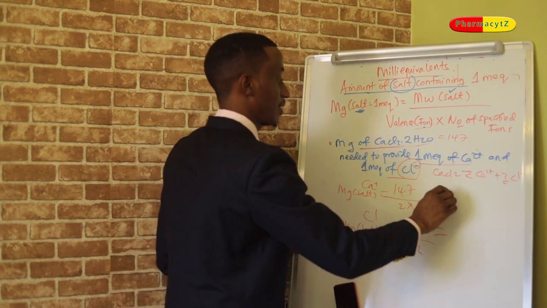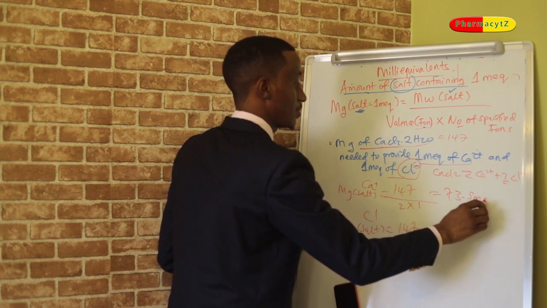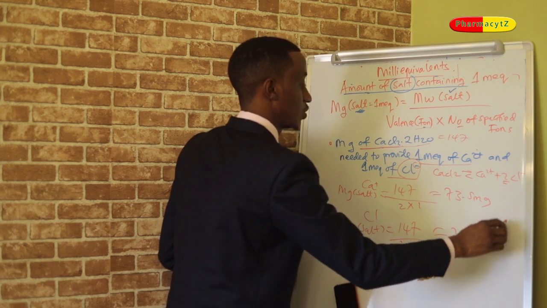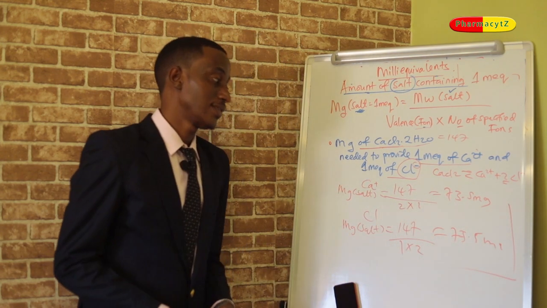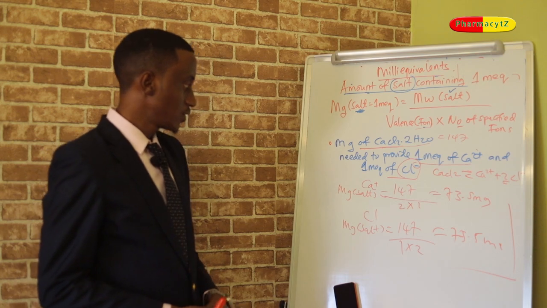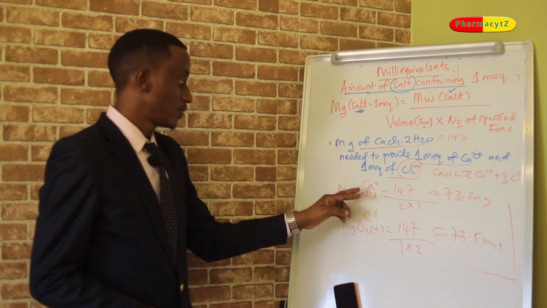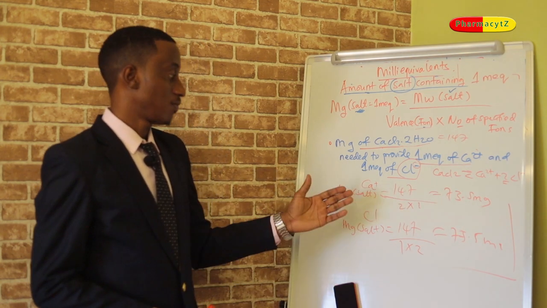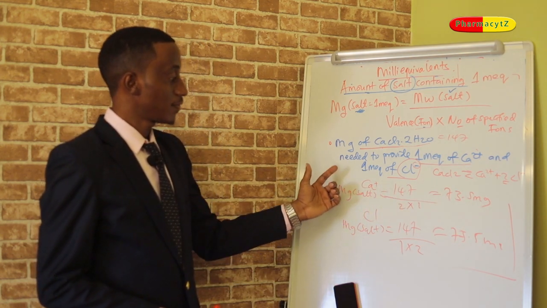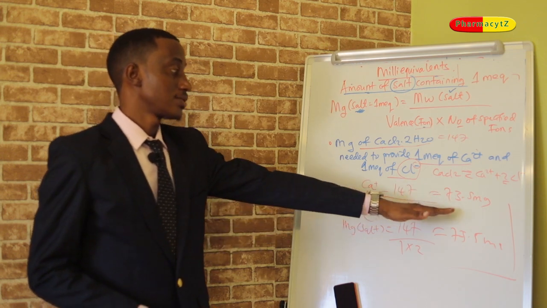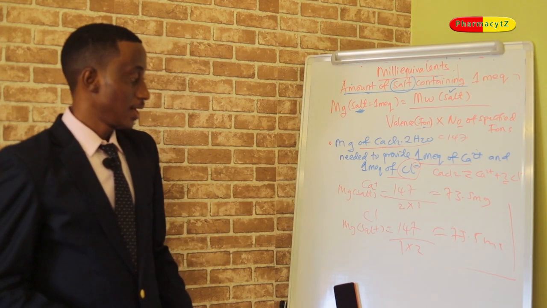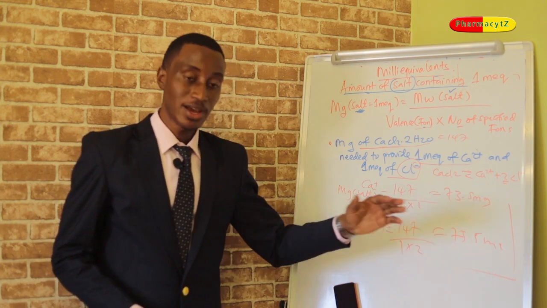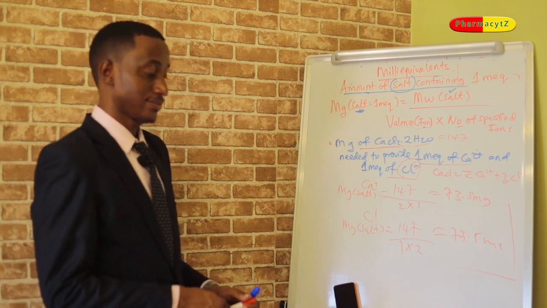Thereafter, you get 73.5 milligrams, and 73.5 milligrams. In total, you get 147. So 1 milliequivalent of calcium chloride will provide 73.5 milligrams of calcium, and 73.5 milligrams of chlorine.